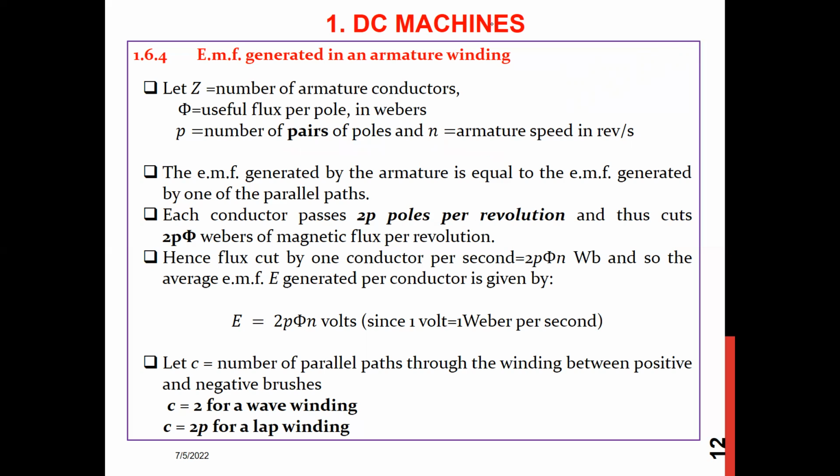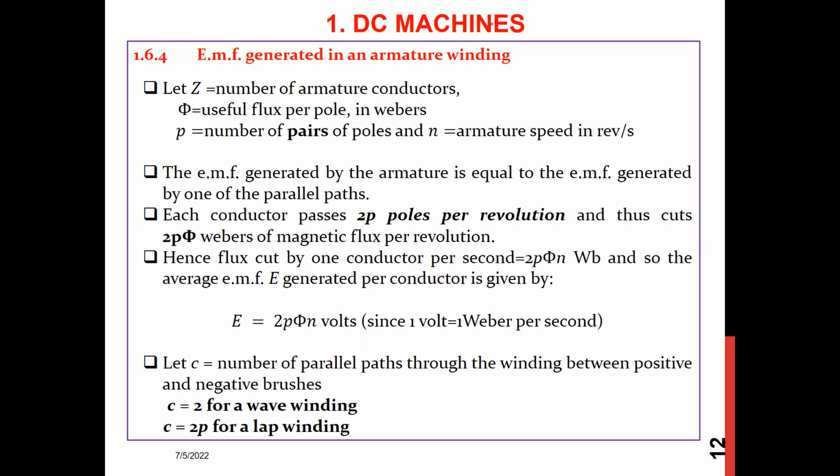So to find the EMF generated by the armature, it is equal to the EMF generated by one of the parallel paths. Each conductor passes 2p poles per revolution, and thus it cuts 2p phi Webers of magnetic flux per revolution.